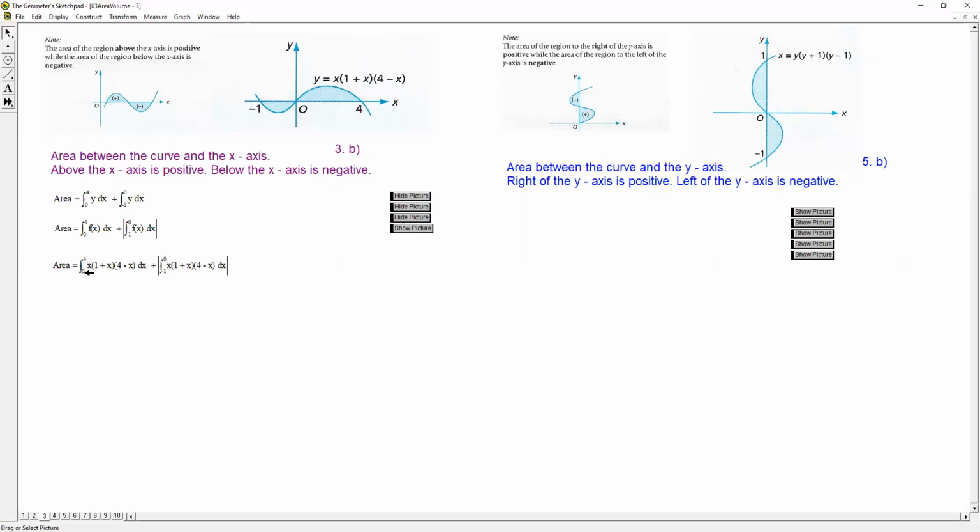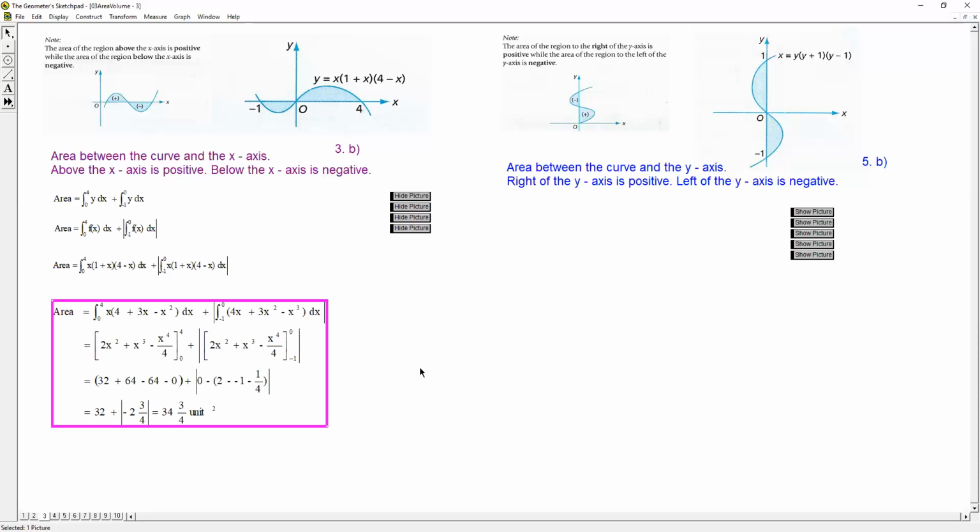Okay, so it's integrate from 4 to 0 dx, integrate from -1 to 0 dx. But for this part, you have to put a modulus sign there. Okay, right. So you expand the function into a single polynomial, like this.